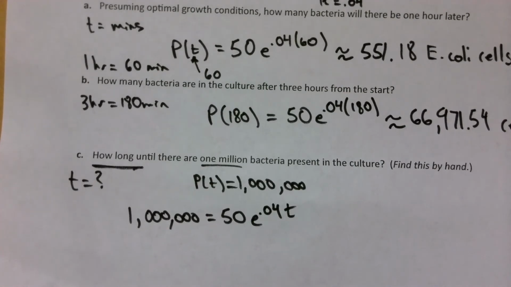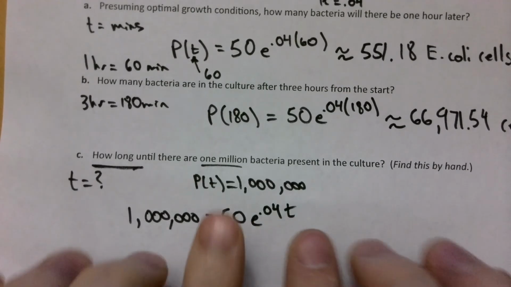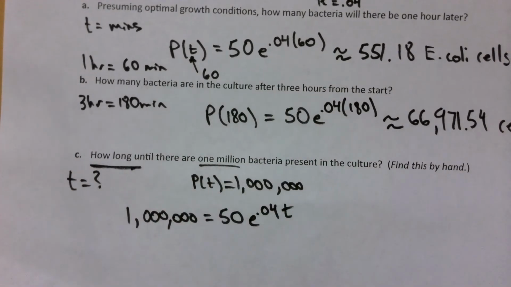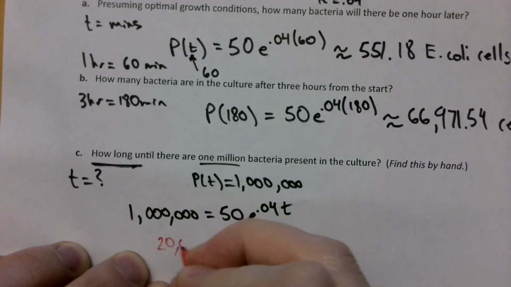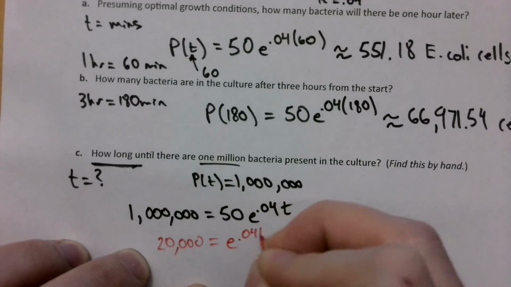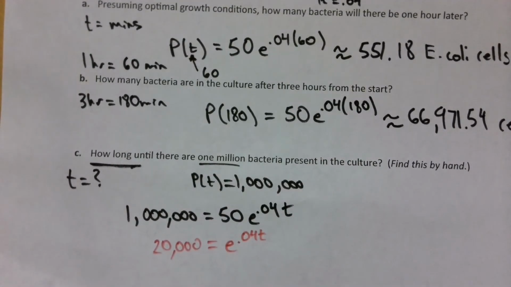We solve it using logarithms. If you recall, we wanted the exponential piece by itself, so a coefficient of 1. So divide both sides by 50. 1 million divided by 50 becomes 20,000. So this is 20,000 equals e to the 0.04 times t. And at this point, we pick a logarithm.